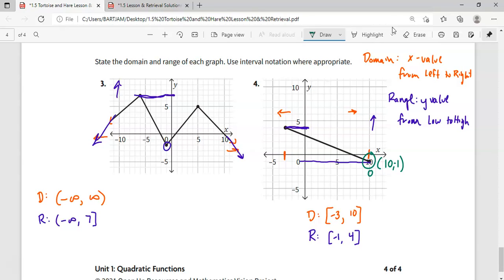My domain would change to from -3 to 10 with a parenthesis, meaning it starts at -3 and runs all the way to when x is 10, but because 10 is not included, I use a parenthesis. Similarly, my range, the low end, -1, would be a parenthesis because -1 would not be included, and my graph would extend up to 4.